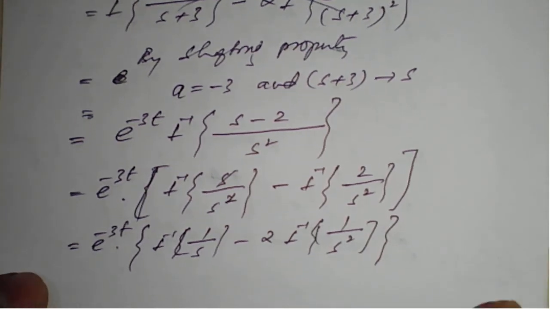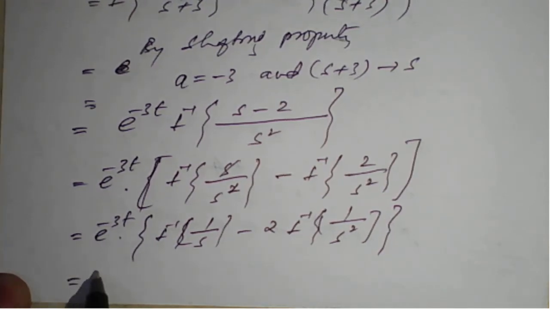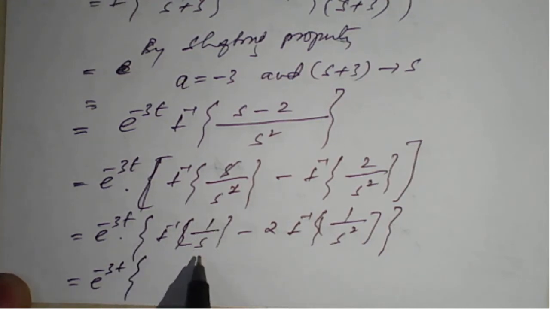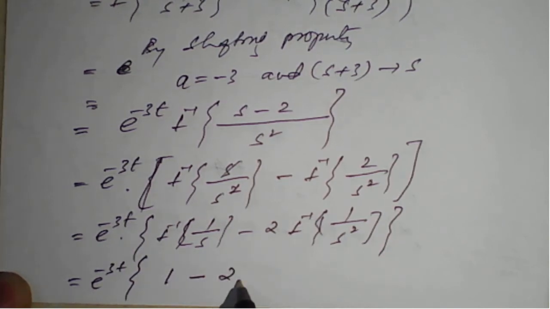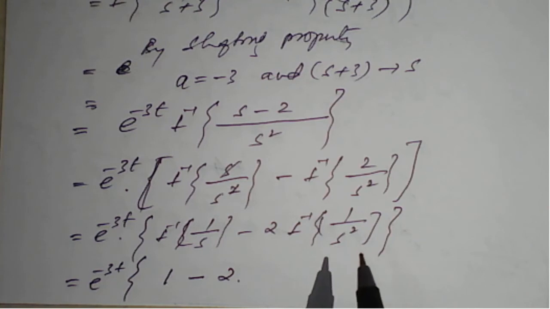Therefore finally, e raised to minus 3t, the inverse Laplace of 1 upon s is nothing but 1, minus 2 times inverse Laplace of 1 upon s square.